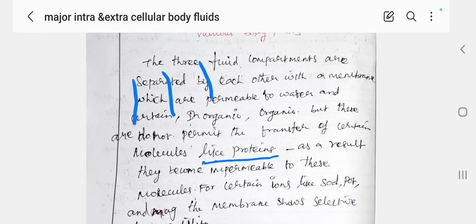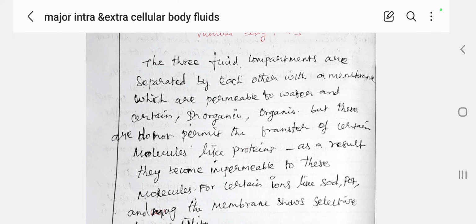That membrane only allows water to pass from one compartment to another, but does not permit certain molecules like protein.